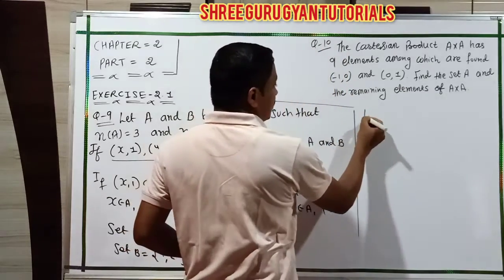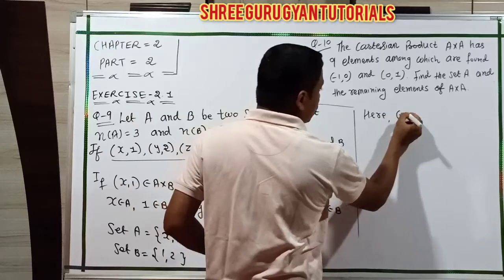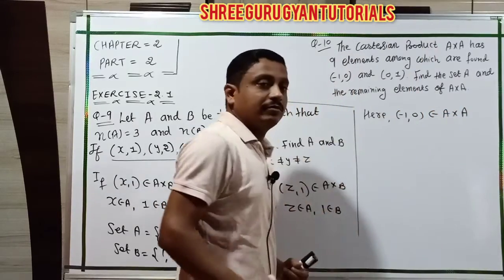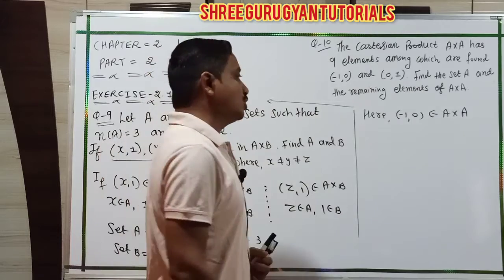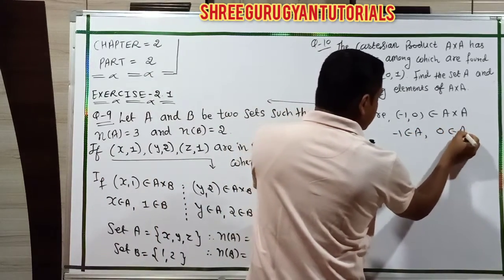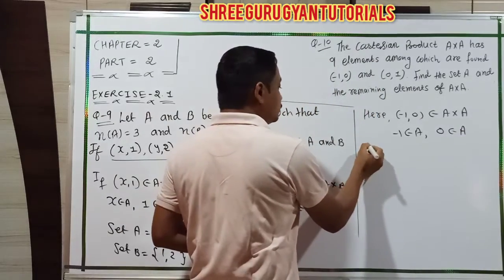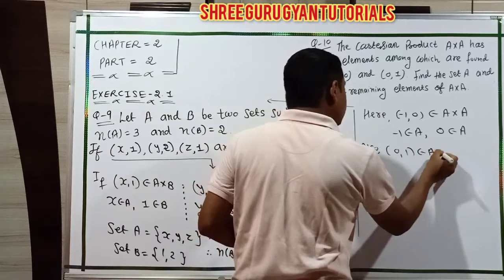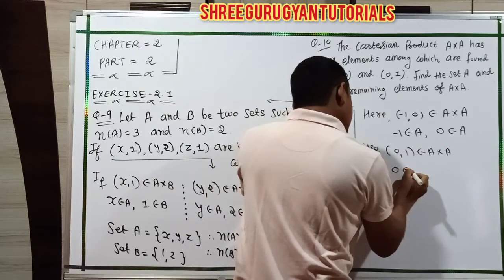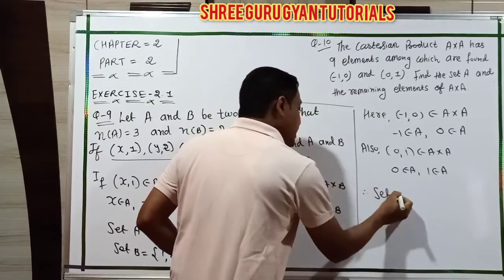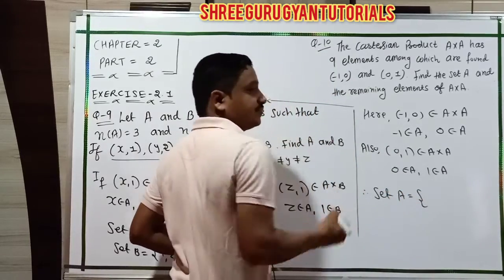First of all, (-1, 0) belongs to A cross A. It means -1 belongs to A and 0 belongs to A. Also, students, (0, 1) belongs to A cross A, so 0 belongs to A and 1 belongs to A.